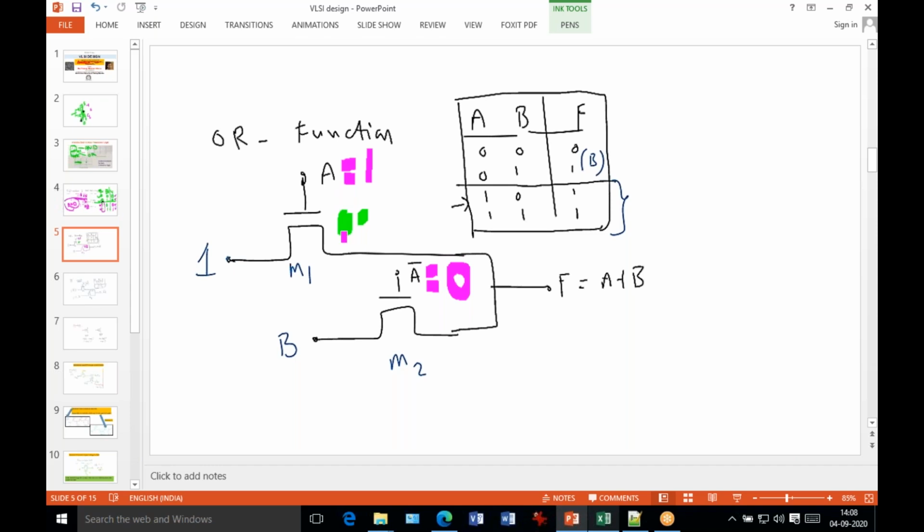This transistor is on, this is on, but this is off. I think it is clear. It has no doubt. If the input is 1, here this transistor is on, and this transistor is off.